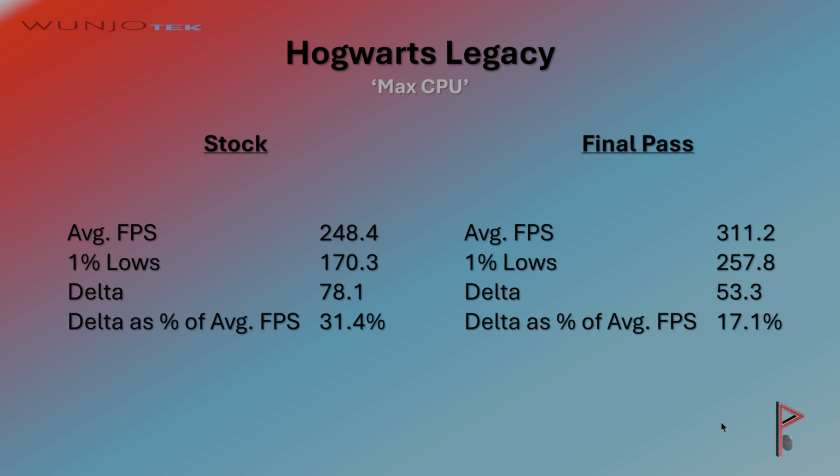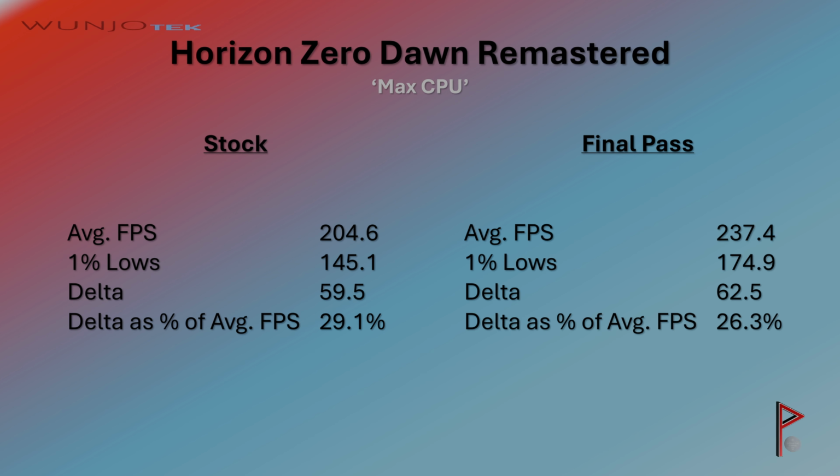Now, Hogwarts really took off with this new tuning, more emphasizing the voltage part of the VF curve. Wow, nearly cutting it in half here, and a very, very smooth playing experience despite these very CPU constrained settings.